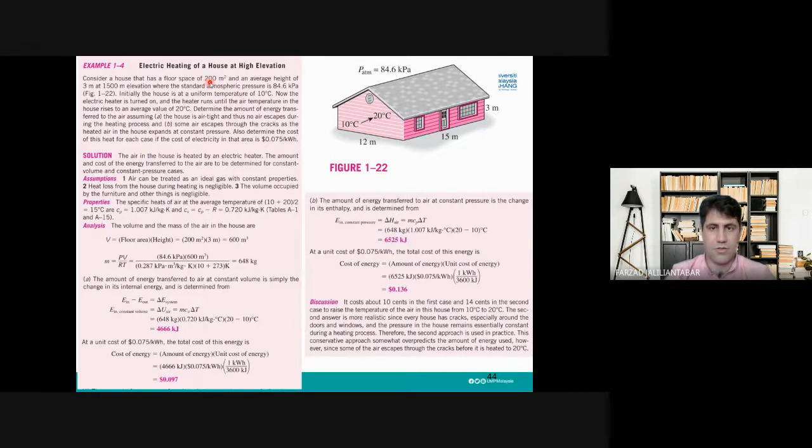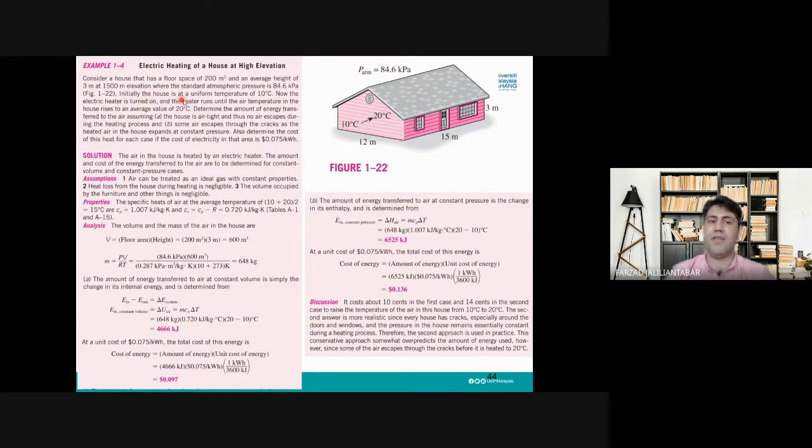So the size is given, and an average height of 3 meter at 1,500 meter elevation, where the standard atmospheric pressure is 84.6 kilopascal. This information is shown here. The house and the pressure here is given.